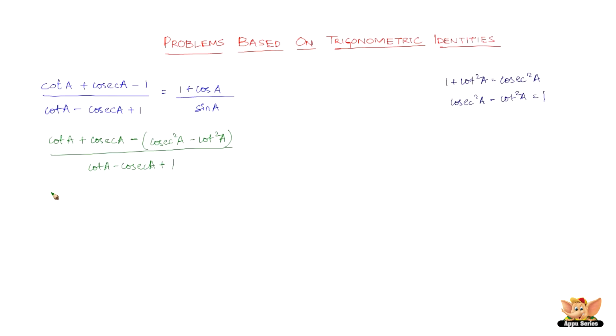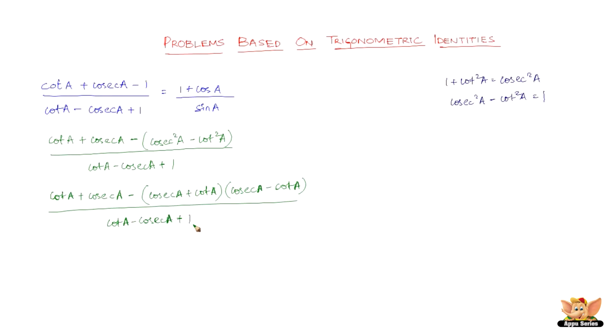So now we have cot A + cosec A minus cosec² A − cot² A, which is of the form a² − b². So cosec² A − cot² A can be written as (cosec A + cot A)(cosec A − cot A), that is (a + b)(a − b), over cot A − cosec A + 1.